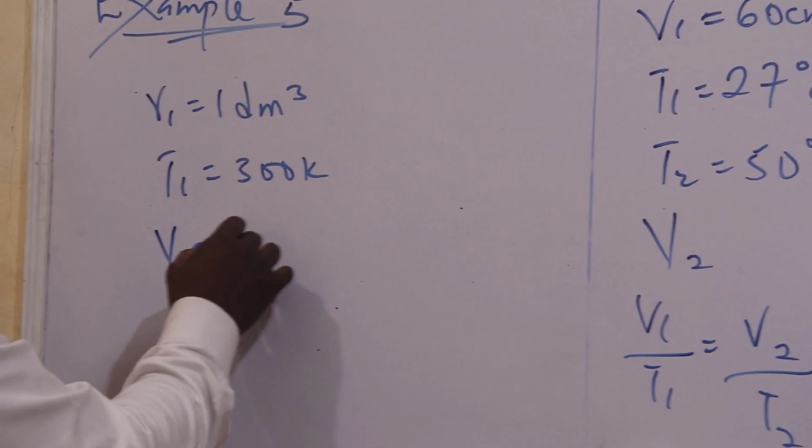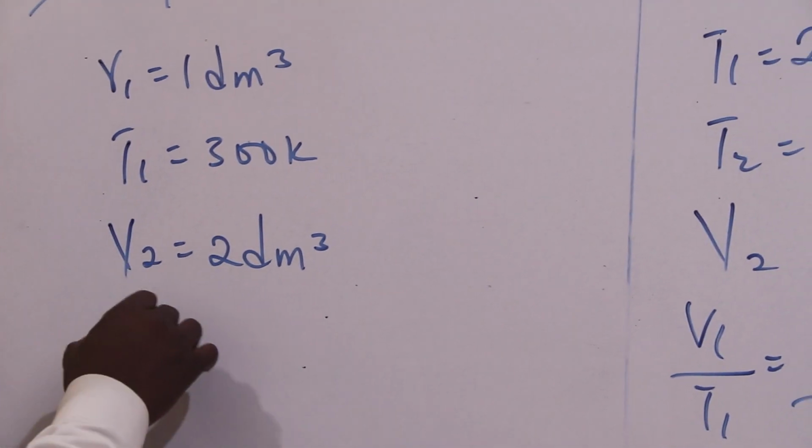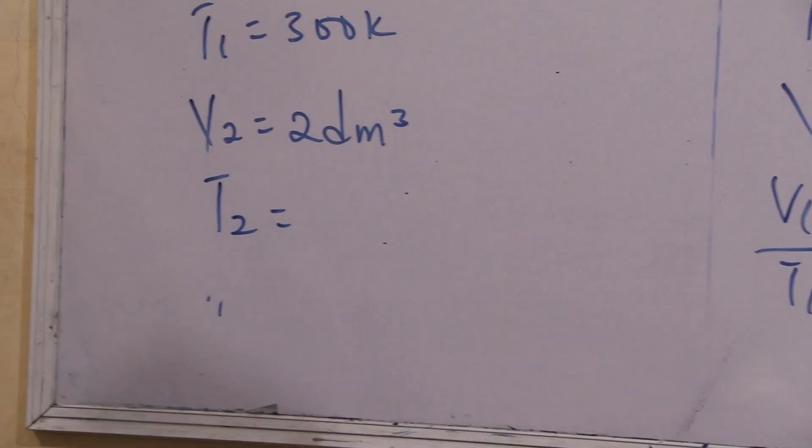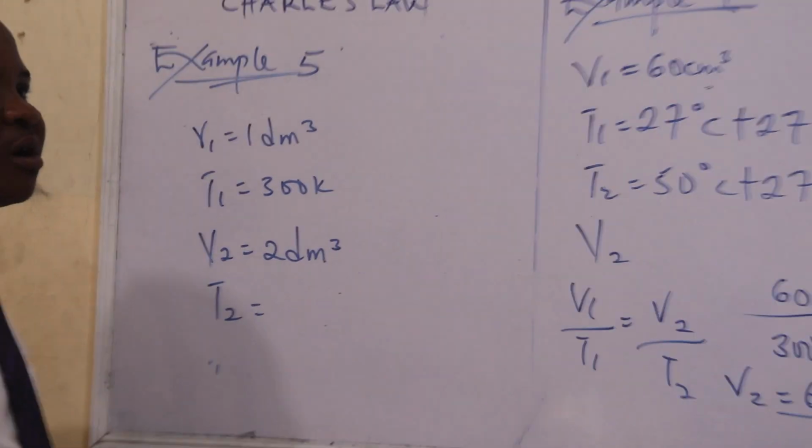Okay, 2 dm3. Look at the screen, you can see there T2. The initial volume is 1 dm3. The final volume is 2 dm3 because it's double of 1 dm3.